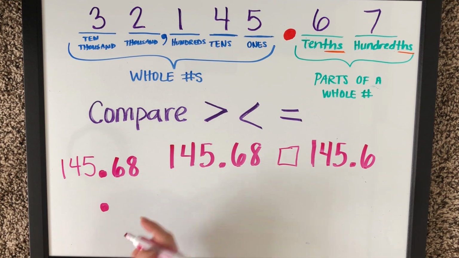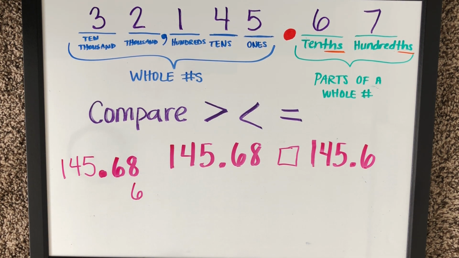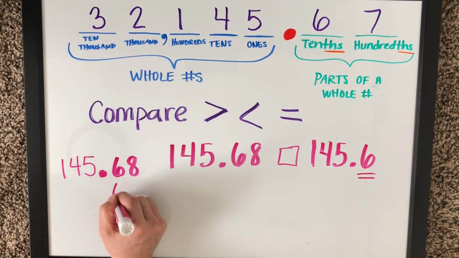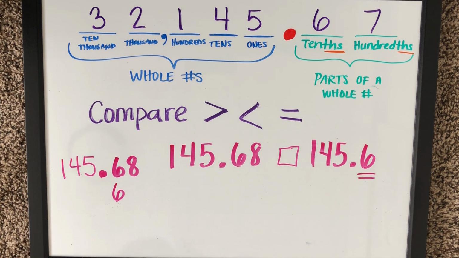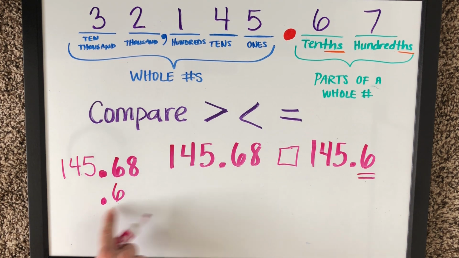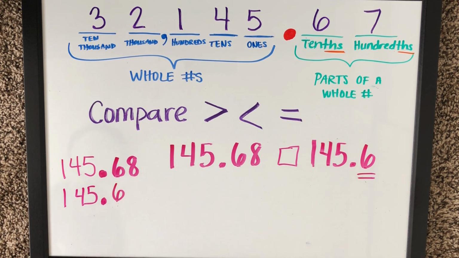For my next number, I don't start off with my 6 underneath the 8. That is not lining up my place values. This is in the tenths place, so it needs to be in the tenths place here. It's helpful when you have your decimal points because then you know that it's right next to that. I will then put my ones, my tens, my hundreds.